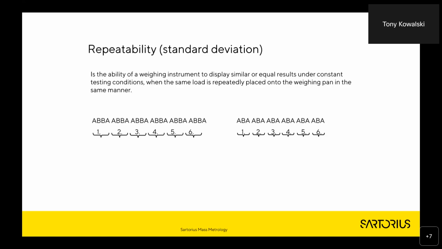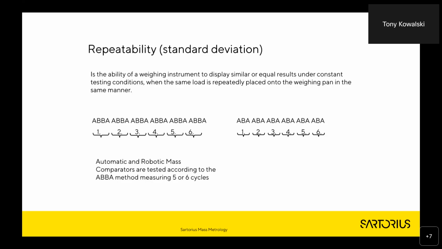So we normally perform 5 cycles of either an ABBA, where it's reference, test weight, test weight, and reference weight, and we calculate the first difference. We then calculate the second difference, the third, the fourth, the fifth, or the sixth. Sometimes with automatic comparators, we may do 6, but usually in specifications it's 5. And the same here, ABA, first, second, third, fourth. And from all of these differences, we can calculate the average difference and then the standard deviation.